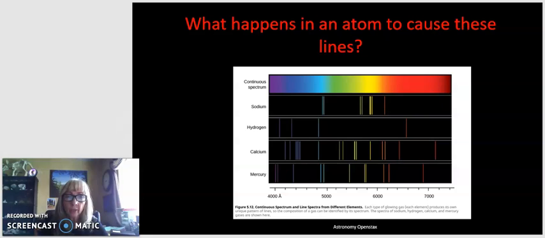Because every element on the periodic table has its own fingerprint. So if we look at that first one down, that spectra of sodium, look where its lines are. It has these bluish ones, then some yellow, some thicker yellow, a little reddish-orange one. If we saw that pattern with those exact wavelengths, we'd say, oh, the atmosphere of that sun or that planet has sodium in it.